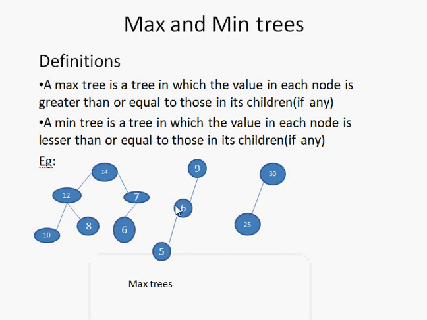Since at level 1 you don't have a right child, this is a left skewed tree. With height 2, you can call it a complete binary tree, but a left skewed tree with height 3, you cannot call a complete binary tree. So this is an incomplete binary tree.